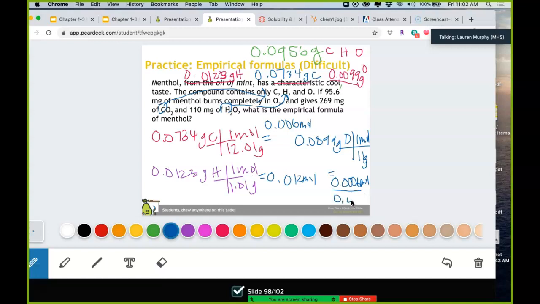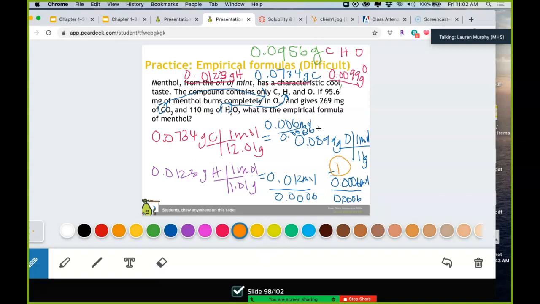This one has 3 zeros, so this is the smallest one. So divide this by 0.006. Oh, see, I did it again. 3 zeros, 0.0006. Divided by, you guys almost got murphed, 0.0006. So the oxygen comes out to be one oxygen.